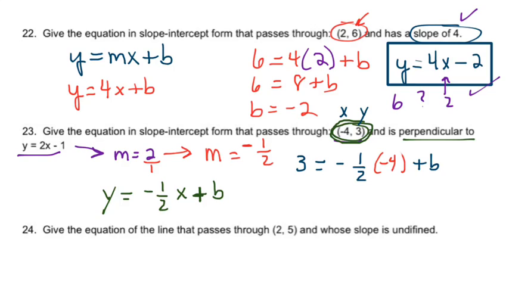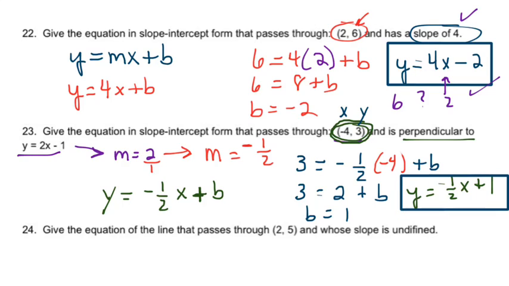Okay? And now I can solve this to figure out what b has to be. Well, half of 4 is 2. They're both negative, so it'll be a +2 plus b. And therefore b equals 1. So my final solution is going to be y equals the correct slope, -1/2 x, plus 1.